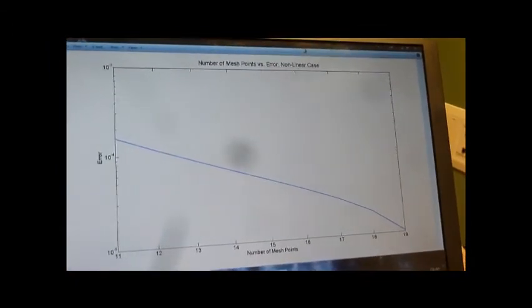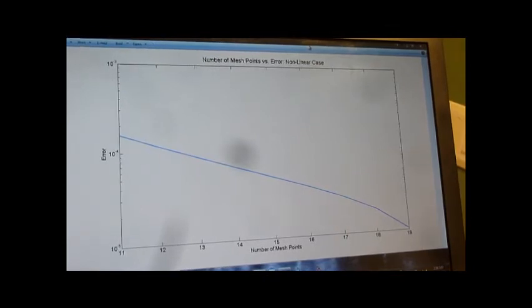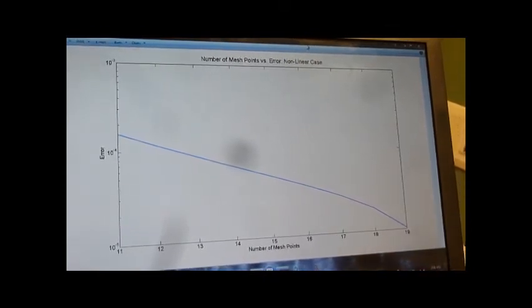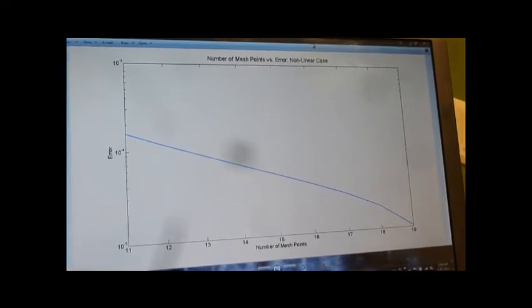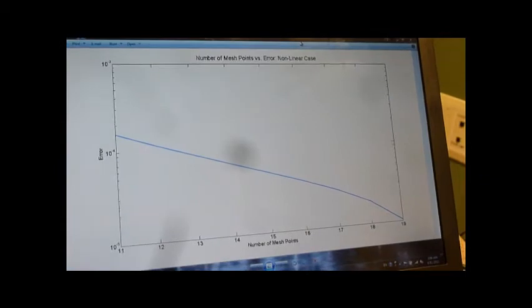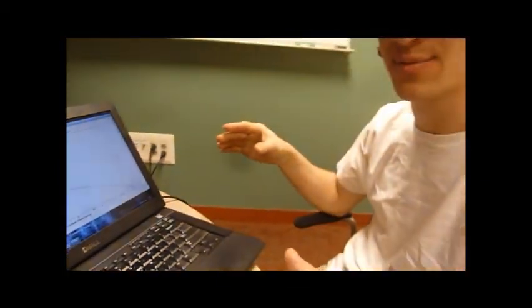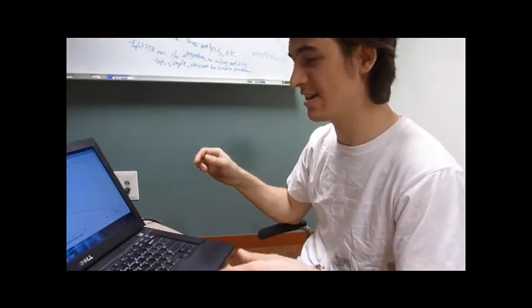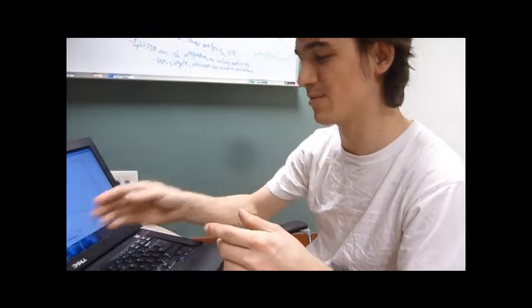The way we calculate the error here is we evaluated the function for a set amount of time, and then at the end of this time we took the equation, which was a heat versus x plot, and integrated it to get the area under it. And then we compared this to the same thing for a different number of mesh points.